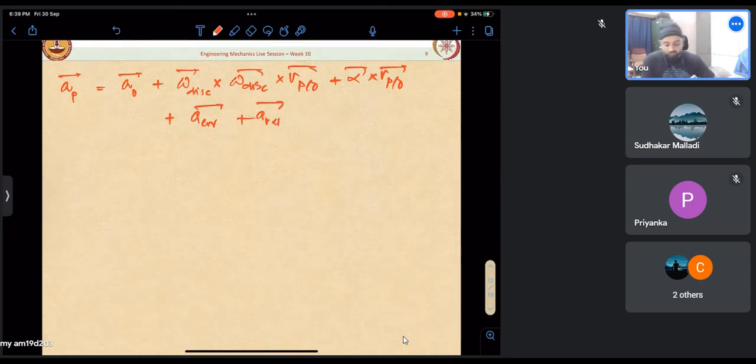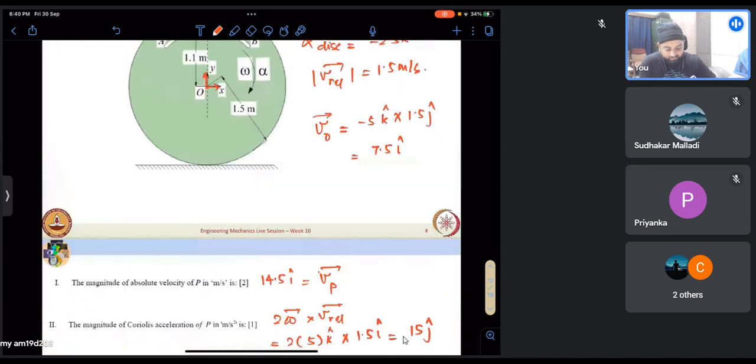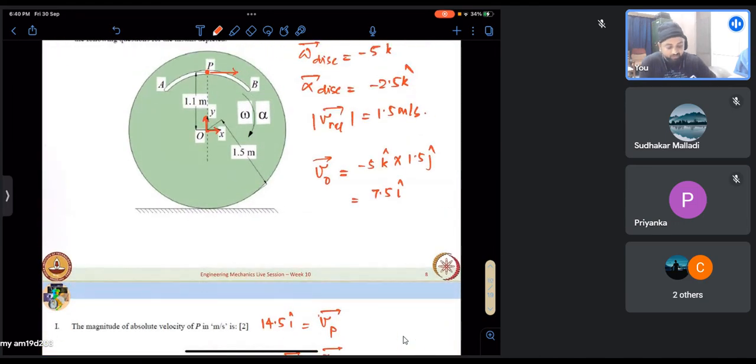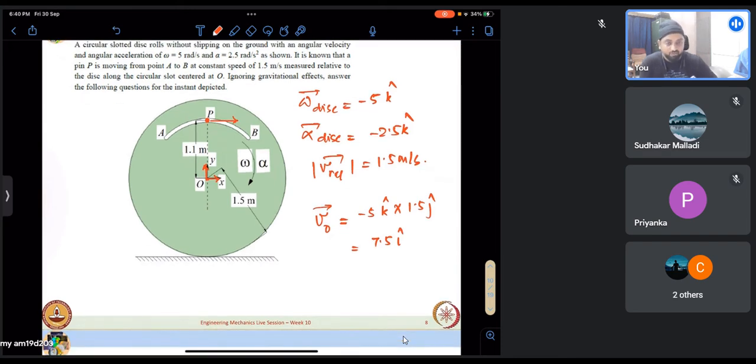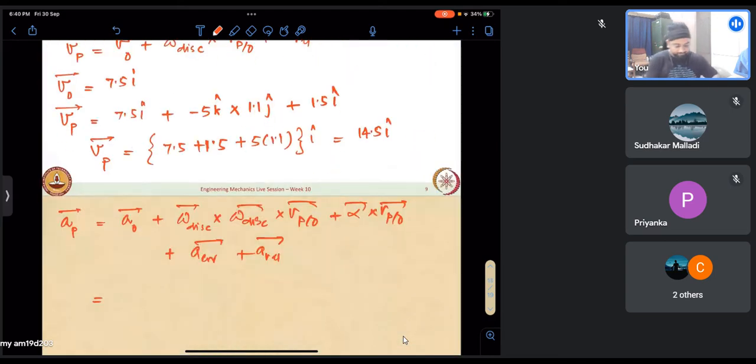Here acceleration of O, we know it is a linear acceleration for the center of the disk. It is nothing but alpha R. Alpha is minus 2.5, and when you cross it, it will give a positive quantity. So 2.5 into 1.5 is 3.75.